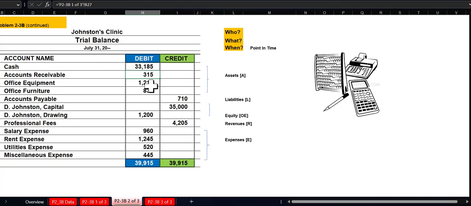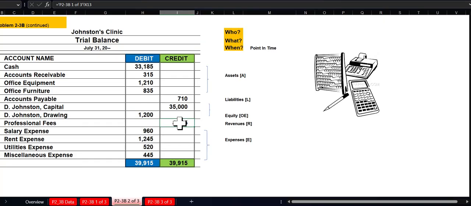And so the difference of 315 goes here. And the same thing for our office equipment, office furniture, and then we have our liability. We have one liability account, then we have our 2 equity accounts. Notice that one has a credit balance, the capital, and the other one has a debit balance, the drawing account.